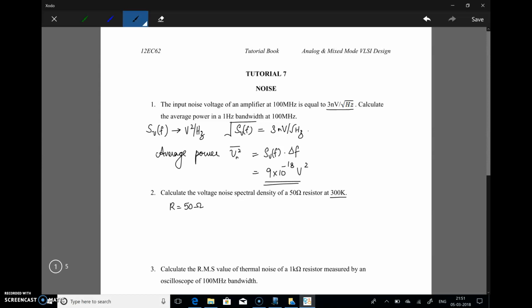Now voltage noise spectral density is SV of F, which is given as 4 kTR volt square per Hertz, where in the lecture we have seen kT value at 300 Kelvin is 4 into 10 power minus 21. So this is equal to 4 into 4 into 10 power minus 21 into 50. If you solve, you'll get 8 into 10 power minus 18 volt square per Hertz.